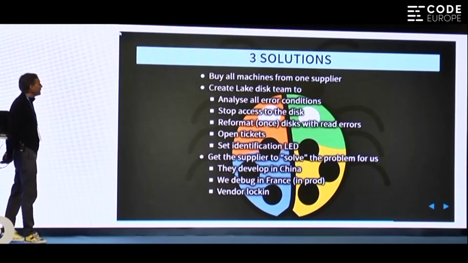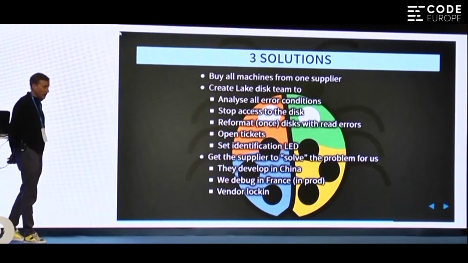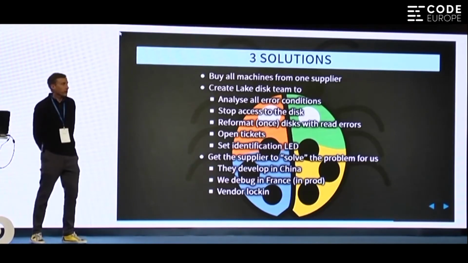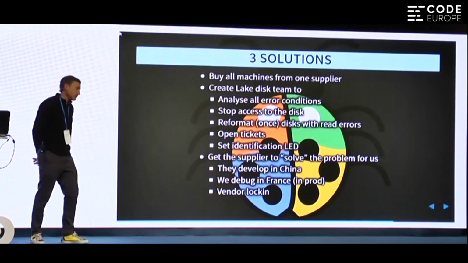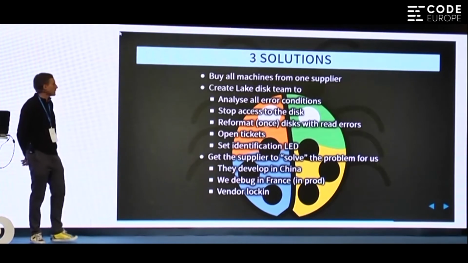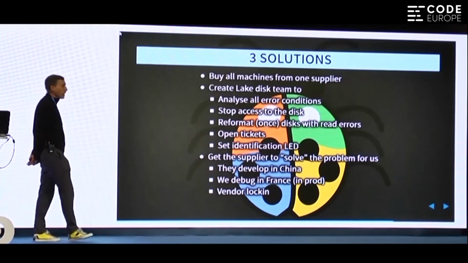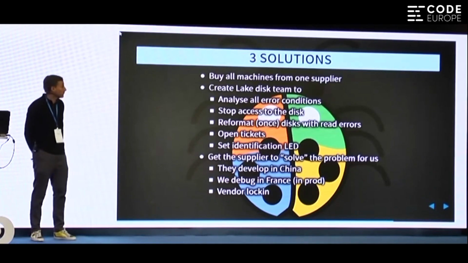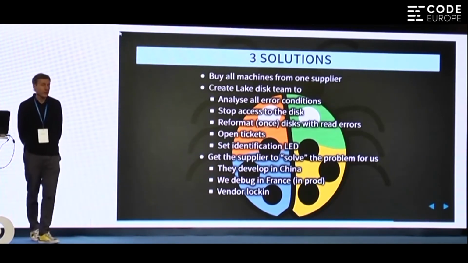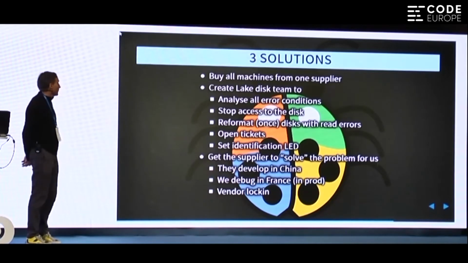We could create a team which could try and analyse all the different ways a disk can fail, as seen by the operating system. And when it decides that a disk has failed, it would need to stop the usage of the disk. It would need to try and perhaps format the disk to see if it could be made to work again, but you only want to do that once, so it needs some history.